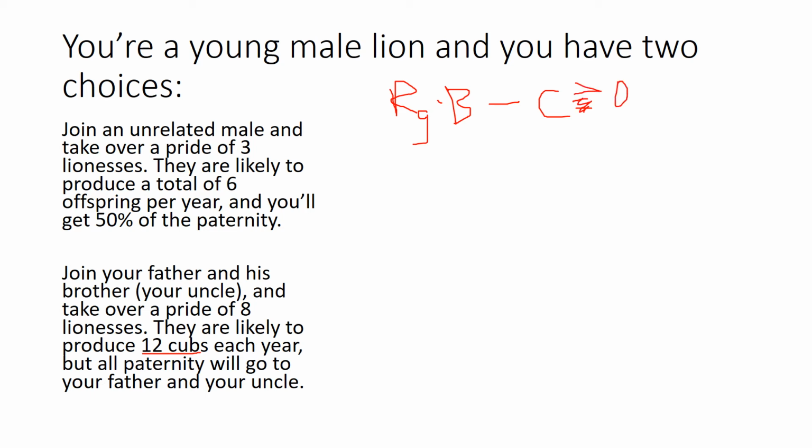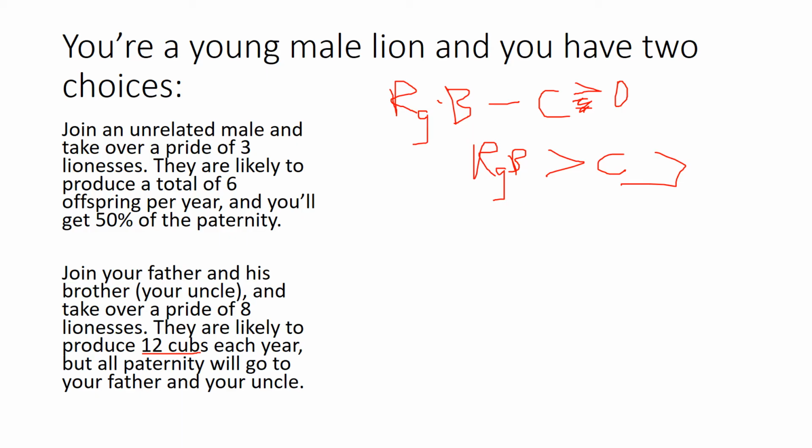Really, we're going to want to maximize this. So we want this to be greater than 0. Or if we rearrange this, it's really saying the relatedness times the benefit to your offspring should be greater than the cost to yourself. And in this case, those traits that form those behaviors are going to get selected for.